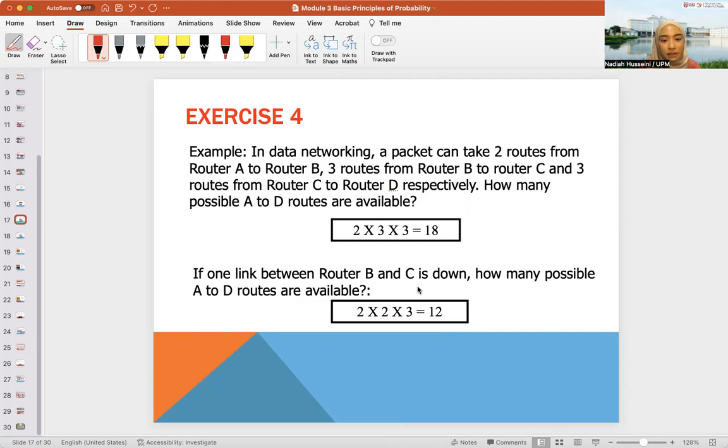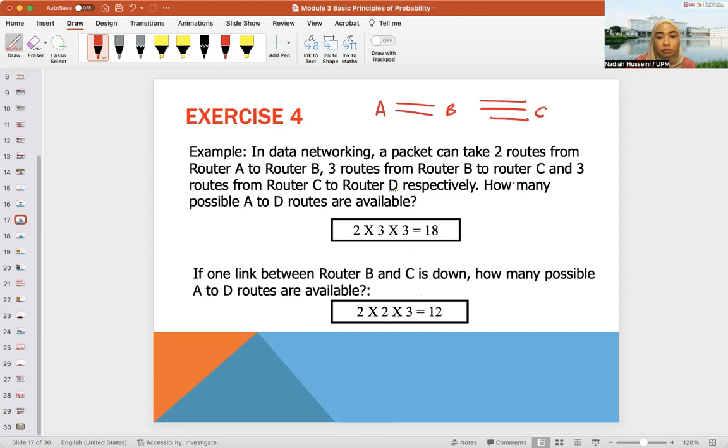So for example, in data networking, this is like communication stuff. A packet can take 2 routes from router A to router B. So let's label this. From A to B, you have 2 possible ways. From router B to router C, there are 3 routes.